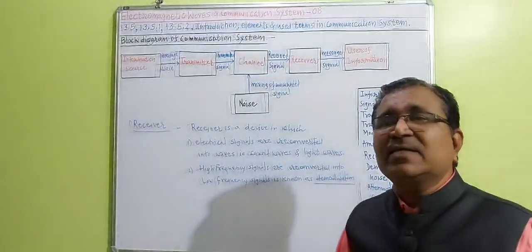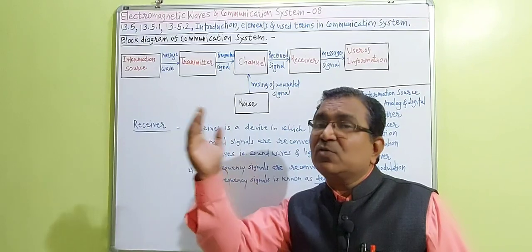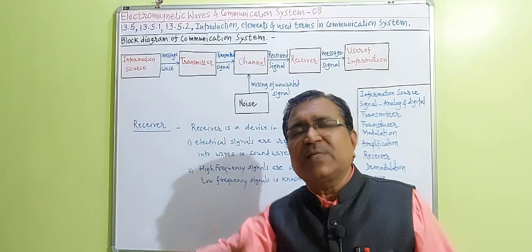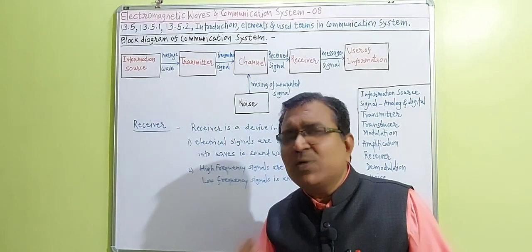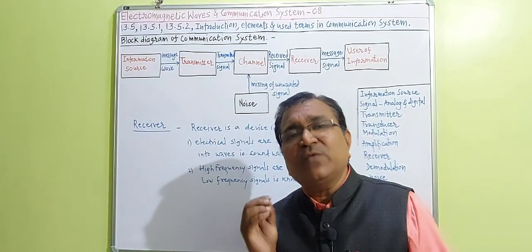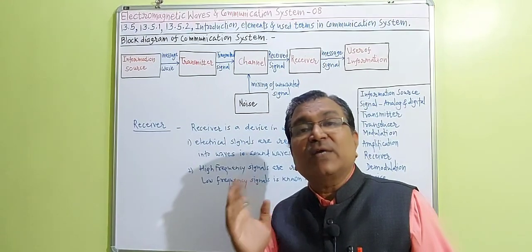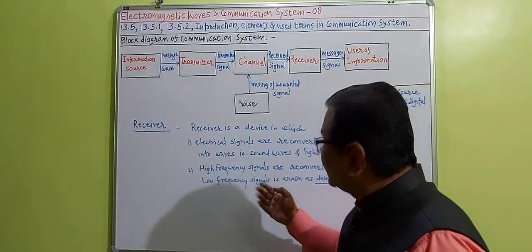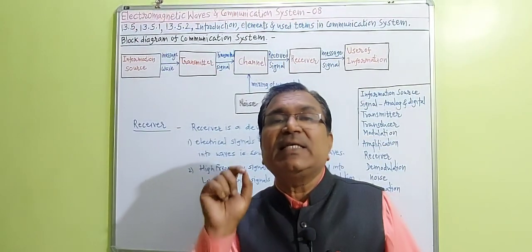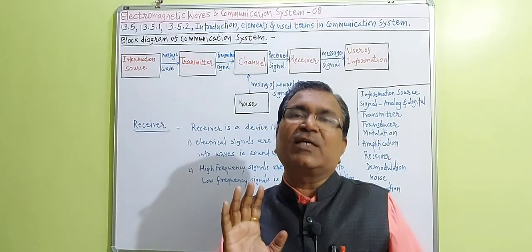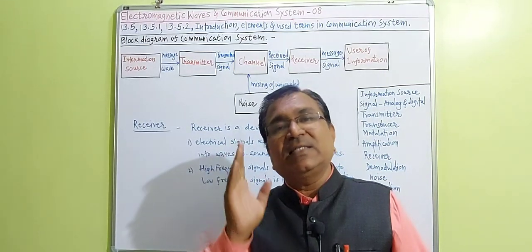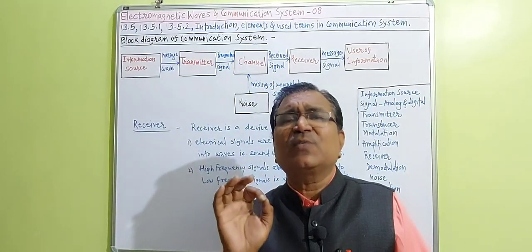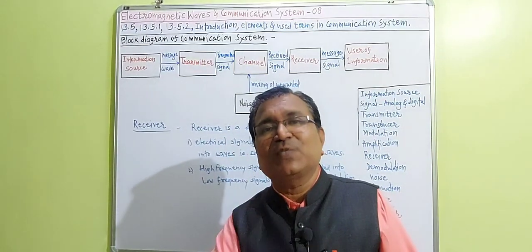And another thing: low frequency signal was converted into high frequency signal for satisfactory propagation over a longer distance, but now we want low frequency signal, so high frequency signals are reconverted into low frequency signal. This process is called demodulation, the reverse of the modulation process, and it is done in the receiver. This is the function and definition of receiver.